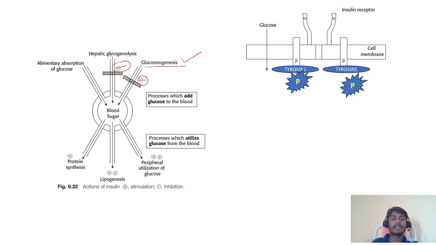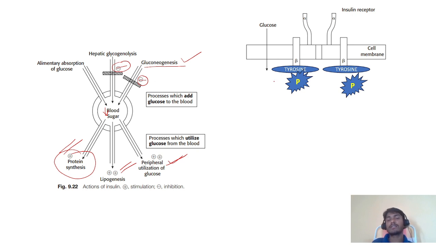By inhibiting glycogenolysis and gluconeogenesis, it reduces the blood sugar level. Along with that, it stimulates the peripheral utilization of glucose, stimulates lipogenesis, and stimulates protein synthesis. These are the actions of insulin.